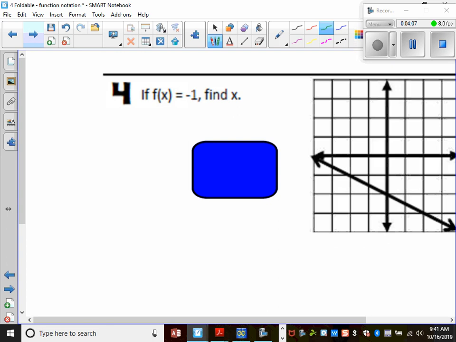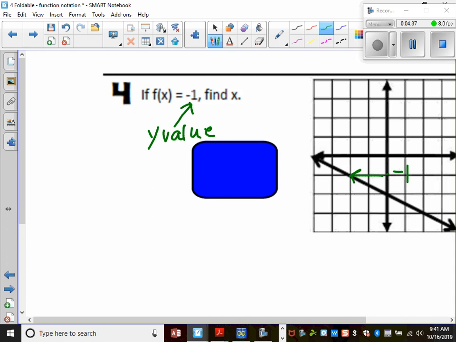Question number 4. Now in question number 4, are they giving me x or are they giving me y? They're giving me y because it's after the equal sign. The answer, which comes after the equal sign, is the y value. So I'm going to go on the y-axis at negative 1, which is here. And then I'm going to go across to the line, and I'm going to read what the x value is.